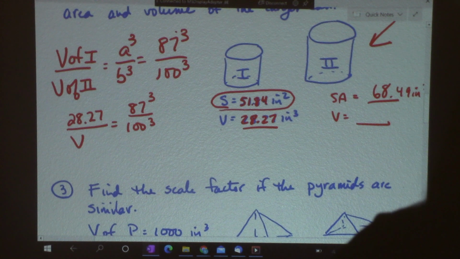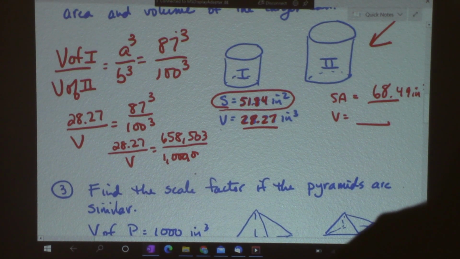So now I'm going to work those numbers out, and I get 28.27 over V equals 658,503 over 1 million. Sure is good to have a calculator when you've got all those digits. All right.